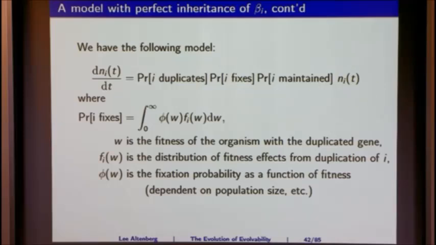And the probability that it fixes is equal to this integral where, for a gene of type i, there's a probability density over fitness W, and then this is your genetic drift function that says, given a certain fitness, what's the probability that it goes to fixation? So clearly, the smaller the population, the more probability of fixation even for a slightly deleterious gene. But anyway, I won't delve into that any more deeply.